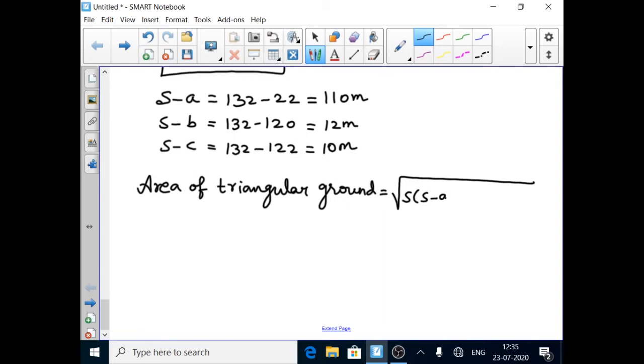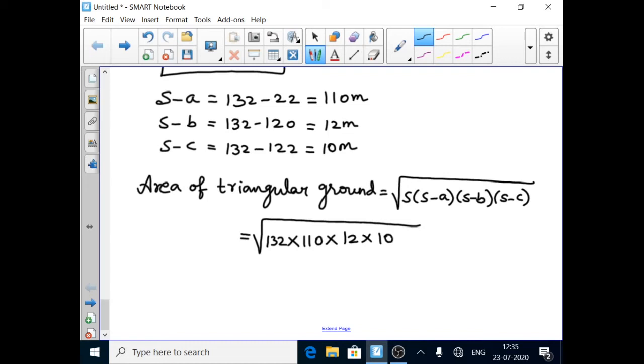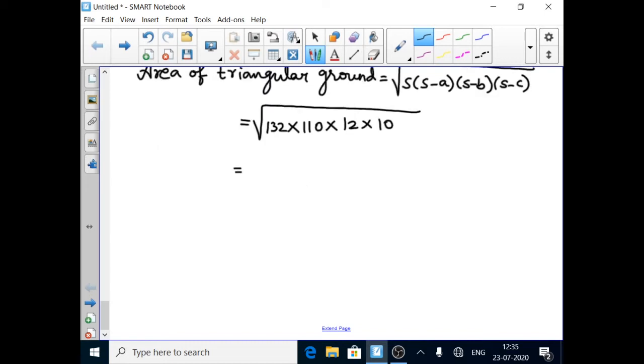S into S minus A into S minus B into S minus C. Okay. So you want to apply the values. What is that S value? 132. So 132 into S minus A, 110. S minus B is 12 and S minus C is 10. That is equal to root of.